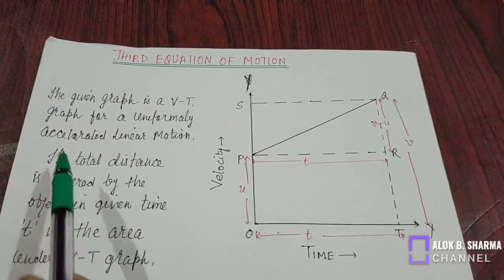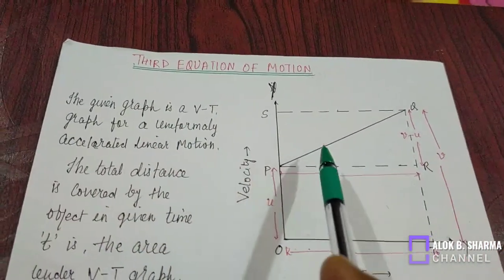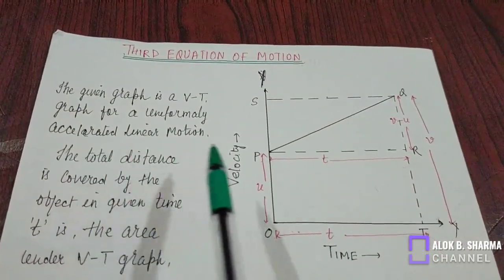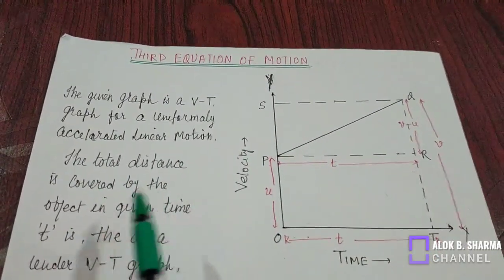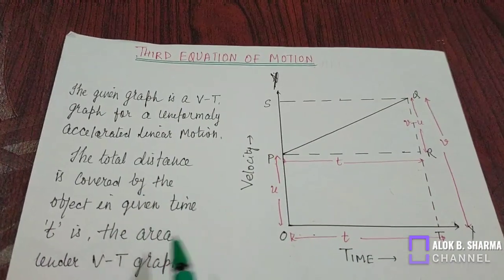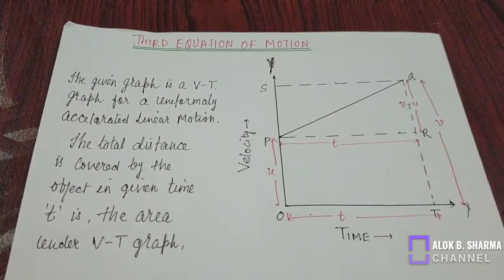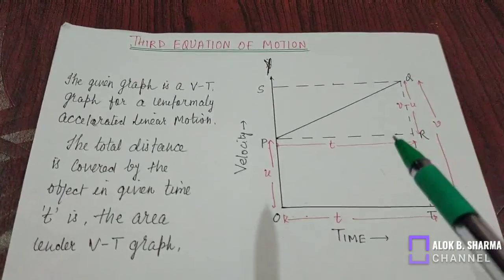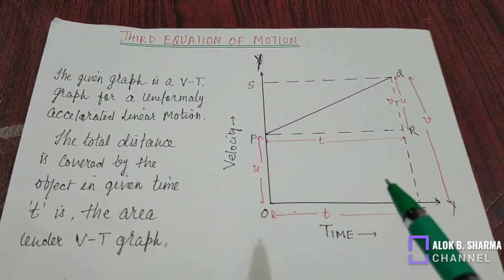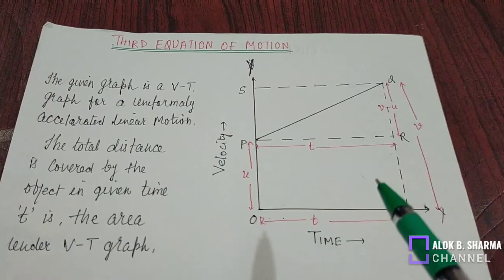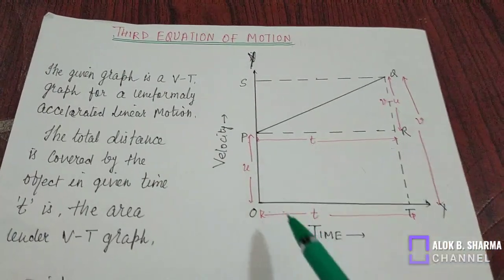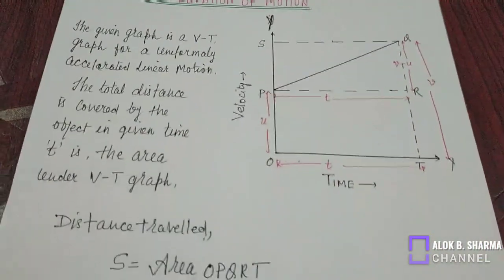Now write, the given graph is a velocity-time graph for a uniformly accelerated motion. The total distance covered by the object in a given time t is the area under the velocity-time graph. Already I have told you that to calculate the distance covered by the object, we must calculate the area of that velocity-time graph.